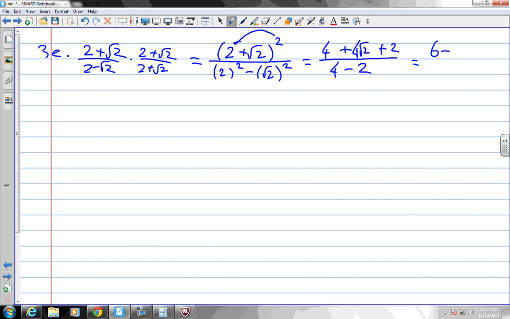So that's 6 plus 4 square roots of 2 over 2. 2 divides both, becomes 3 plus 2 square roots of 2. Okay?